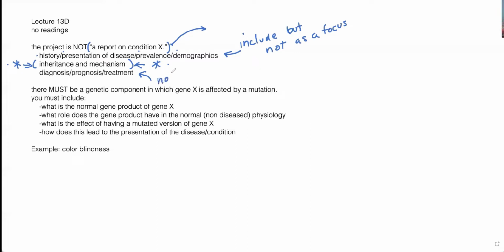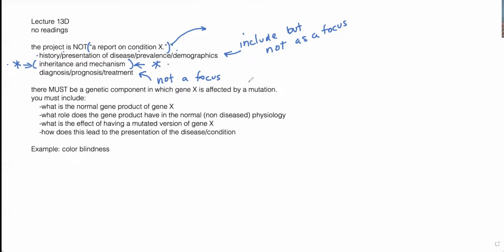Again, not a focus, although it's definitely worthwhile for you to mention them, to talk about them to some extent, because yeah, I think you need to make a complete picture of your presentation on the inheritance and mechanism of this particular condition.